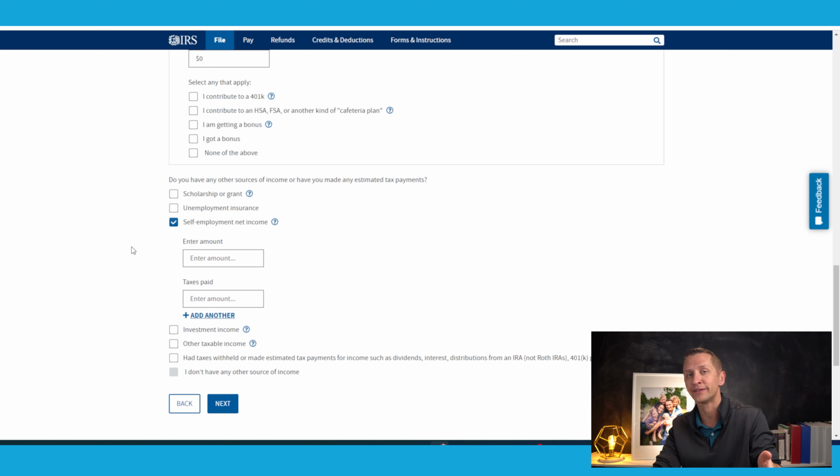Basically both sides of FICA, which is your Social Security and Medicare, and Social Security and Medicare for the employer. So you're paying both sides when you are self-employed. That is the difference. This math will actually calculate it for you. So if you're doing it the long way, at the very end, you're going to see your total tax liability. That includes both federal and the self-employment income. Put them both in here.